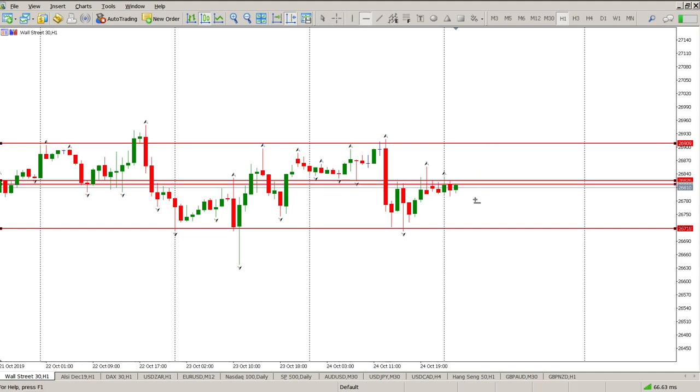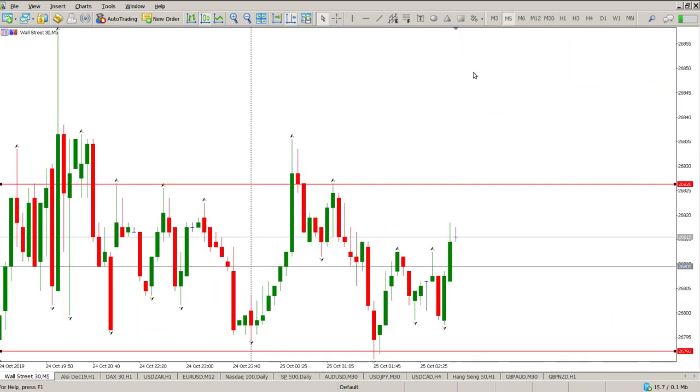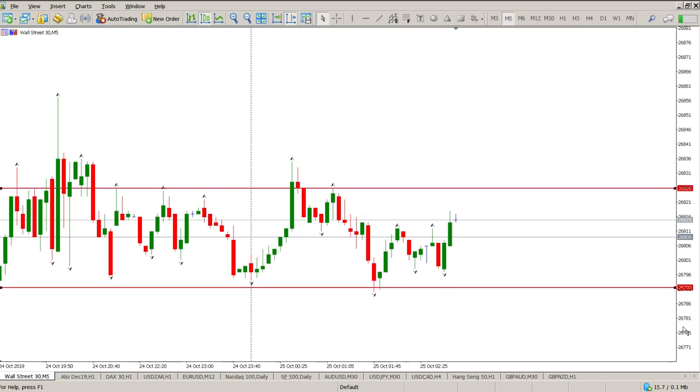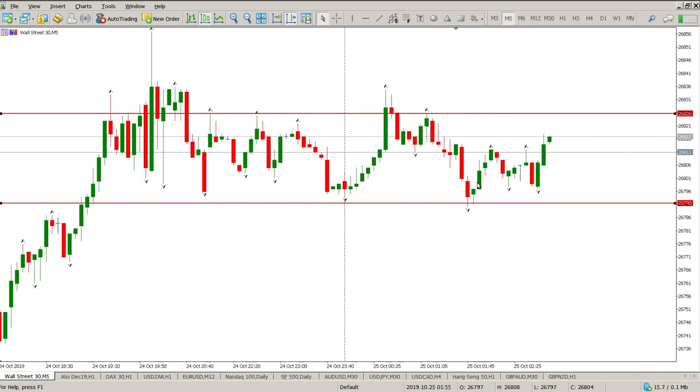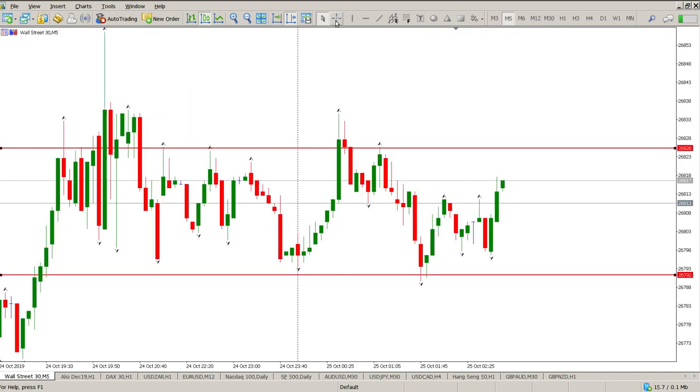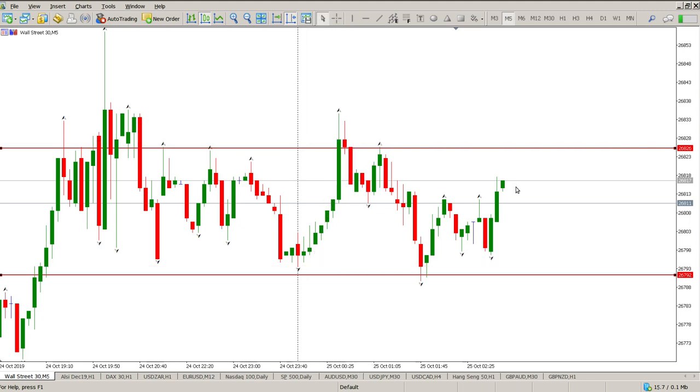So what that basically means for me is if we do get through it, then you've got top of the range on it. But if we get below the bottom of these tails here, you've got an opportunity to the downside. And if I look at that on the 5-minute chart, you'll see what I mean. We're in the 5-minute range here. Okay, so this 5-minute range is pretty much 34 points.